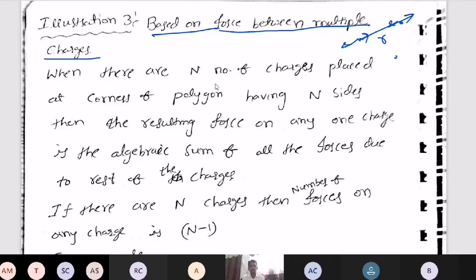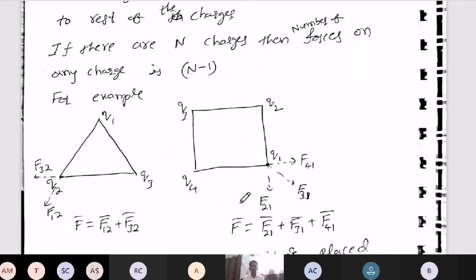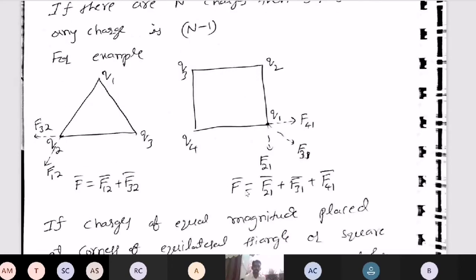See here, when there are n number of charges placed at the corners of a polygon, a polygon means n sides. But in our syllabus, they usually mention either a triangle or a square. So you need to consider the sum of all the forces. I have shown an example here.